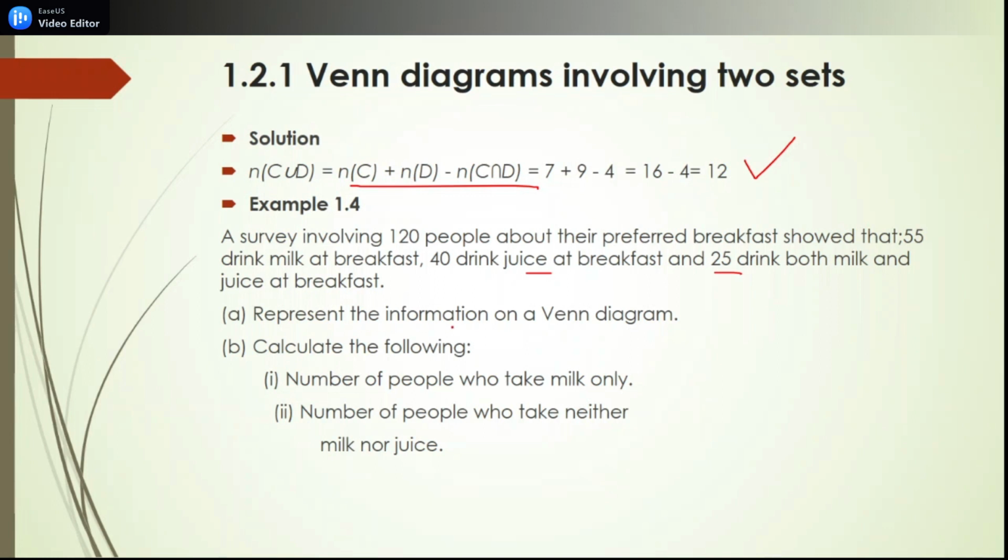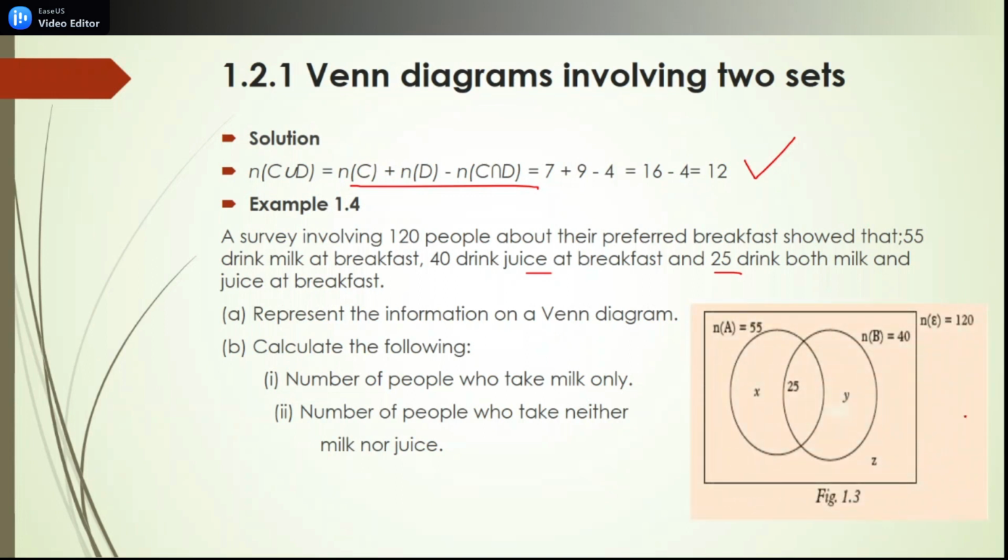We have to represent this in a Venn diagram. In the Venn diagram, we put in the intersection the people who drink both. People who drink both are 25.